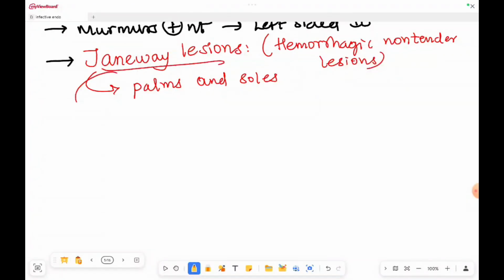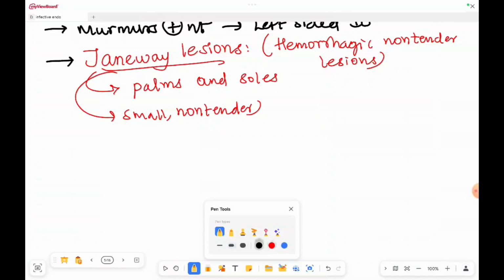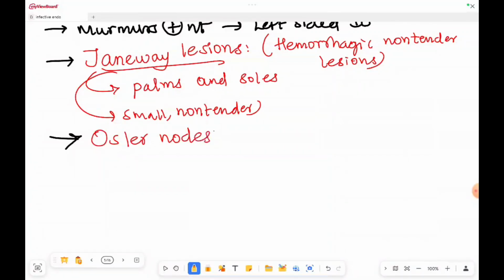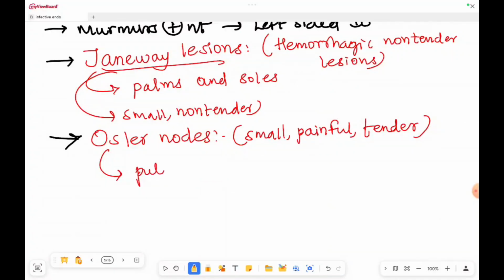Janeway lesions are small, non-tender. So next lesions will be Osler nodes. Osler nodes are small, painful, and tender in consistency. They occur on pulp of digits.